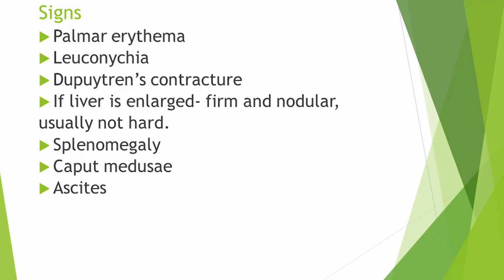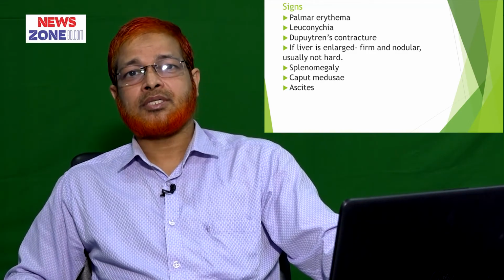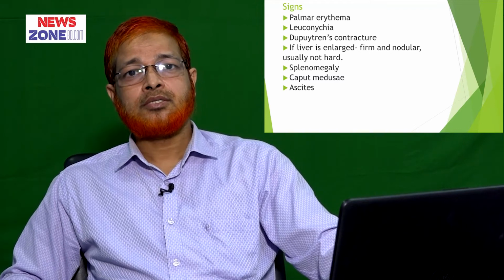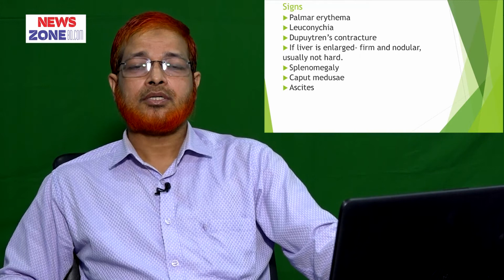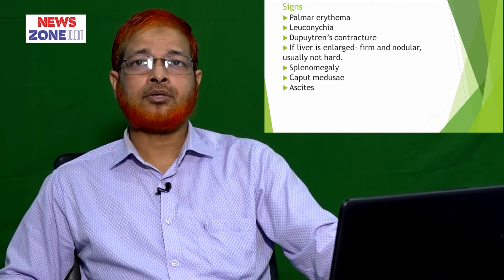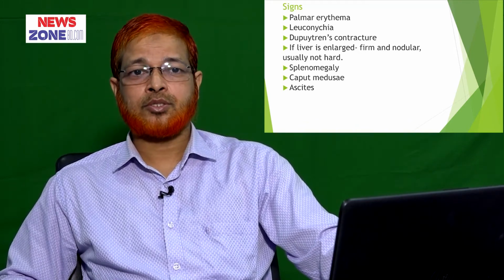The liver is usually firm, non-tender, and nodular. So a cirrhotic liver is not tender. But it is important: if cirrhosis of liver causes tender hepatomegaly, be cautious that the patient may have developed hepatocellular carcinoma.